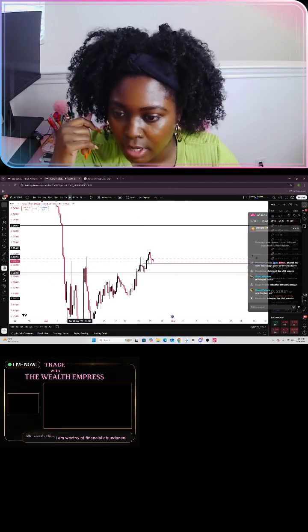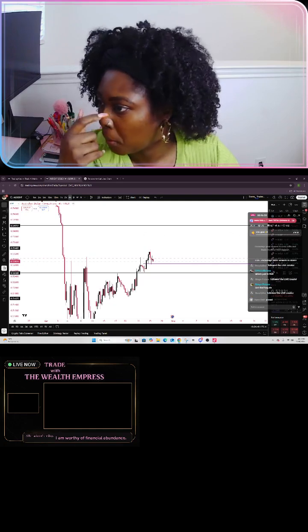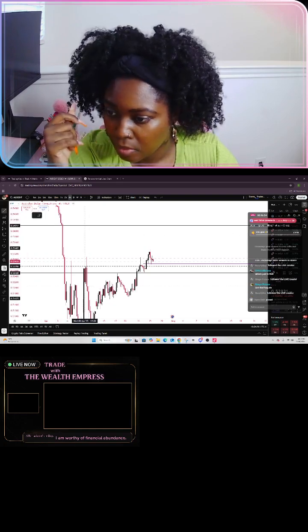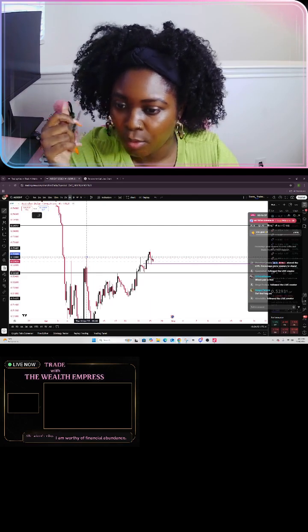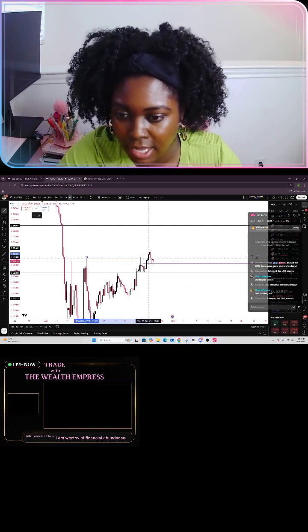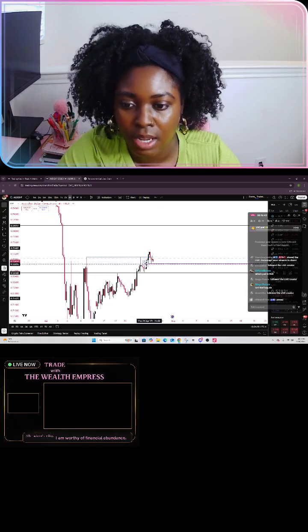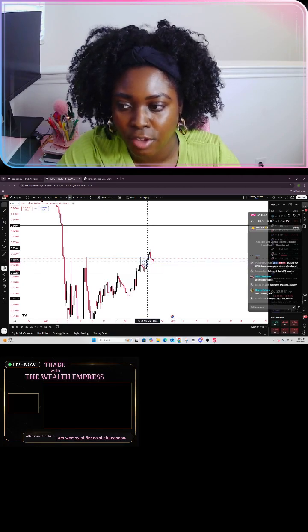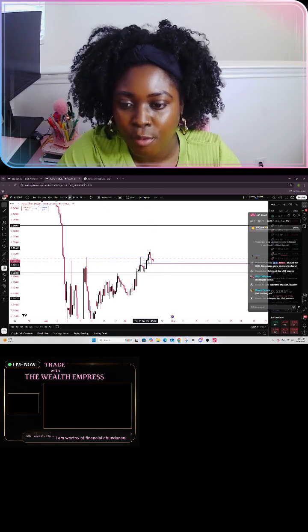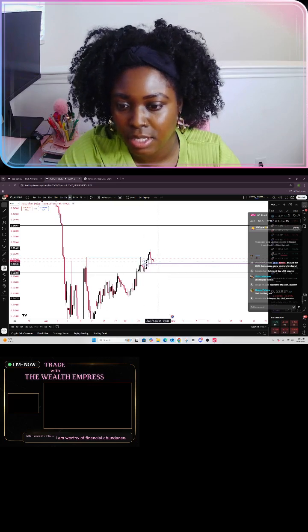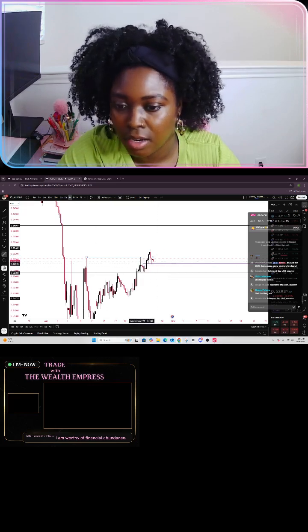It ran this liquidity here. We got relatively equal highs, not exactly equal, right? But price ran that liquidity and it left us a fair value gap. I would be looking for an entry on Sunday right here.